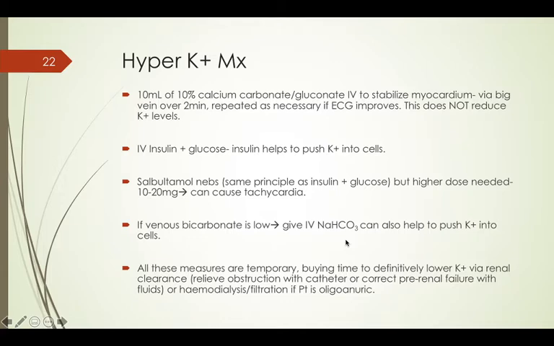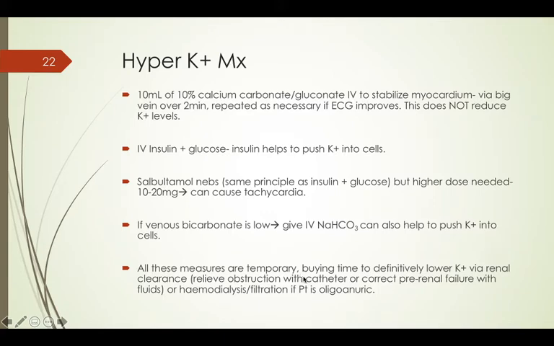But as I said, all these measures, these three here, are to reduce potassium levels. The first urgent thing, if you're worried about the patient, you see ECG changes, the potassium level is really high, you need to give them calcium carbonate gluconate first. And then all of these are temporary.